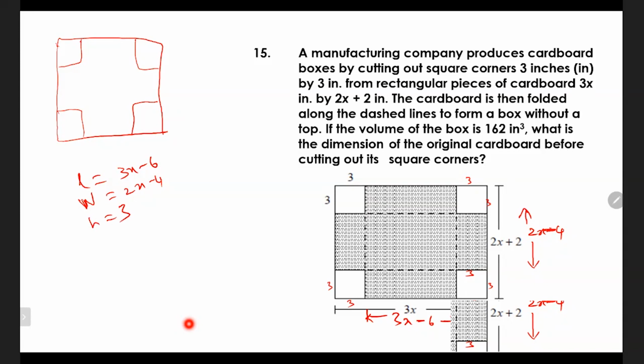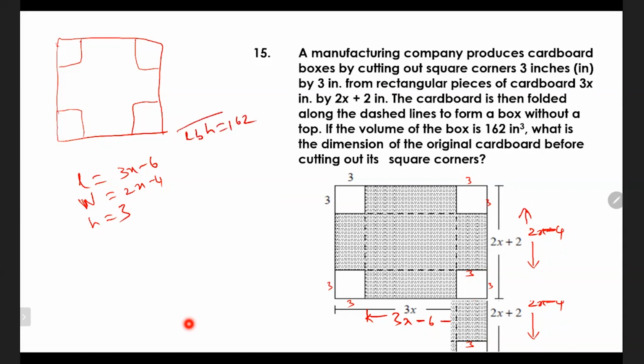So what is he asking exactly? A manufacturing company produces cardboard boxes by cutting out square corners 3 inches by 3 inches from the rectangular pieces of cardboard. The cardboard is then folded along the dashed lines to form a box without a top. If the volume of the box is 162, then length into breadth into height is 162.